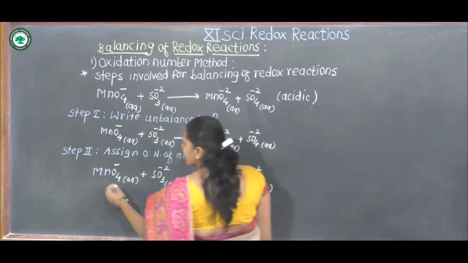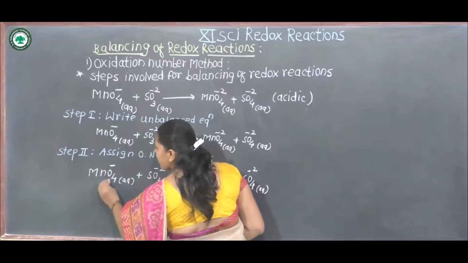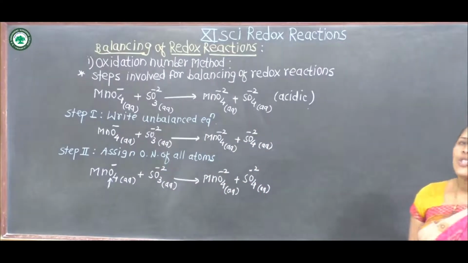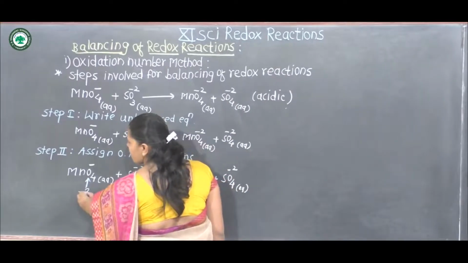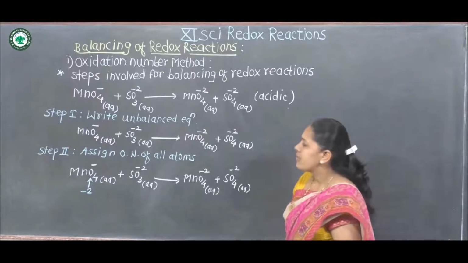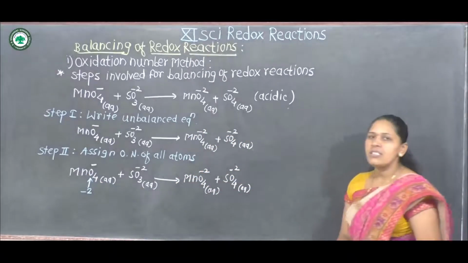Here we know that according to the rules for calculating oxidation number, oxygen generally shows a minus 2 oxidation state. Therefore, the oxidation number of oxygen is minus 2. Then, what is the oxidation number of Mn in these species?